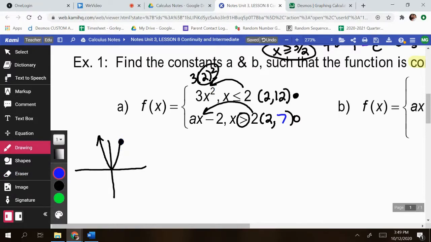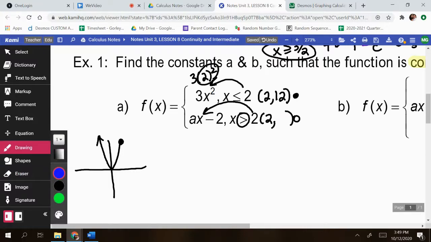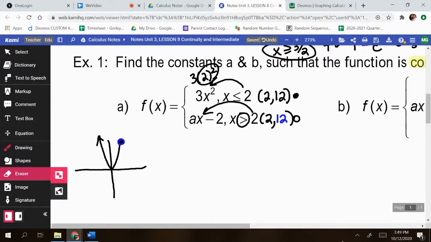What would y have to be in order for this to be a continuous function? y would have to be 12, because then I'd have an open dot overlapping that closed dot. Okay, and the closed dot takes priority. So if you have an open dot and a closed dot overlapping, you just count it as a closed dot. Okay, so that's what I need to see.